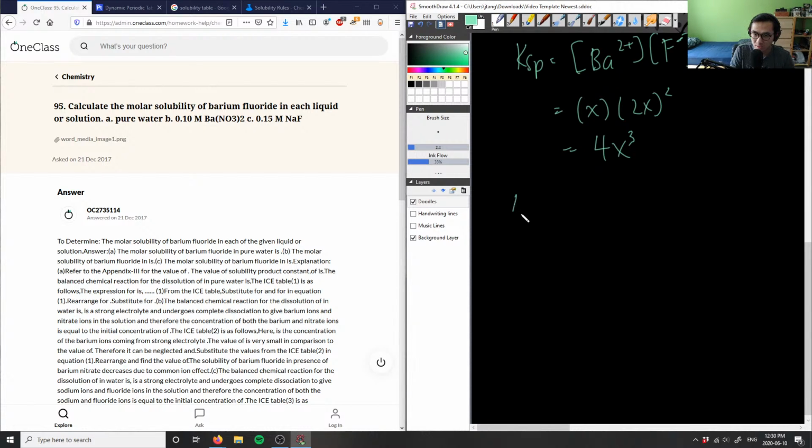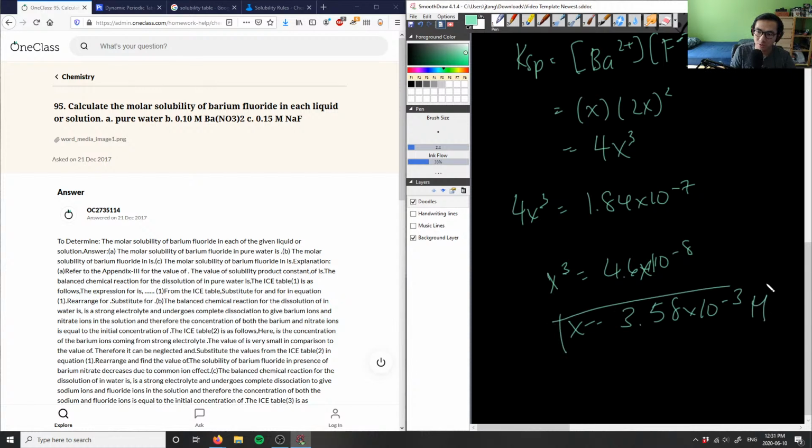So 4x cubed equals 1.84 times 10 to the negative 7. We divide both sides by 4, so 1.84 times 10 to the negative 7 divided by 4 gives us x cubed equal to 4.6 times 10 to the negative 8. And therefore x equals 3.58 times 10 to the negative 3.